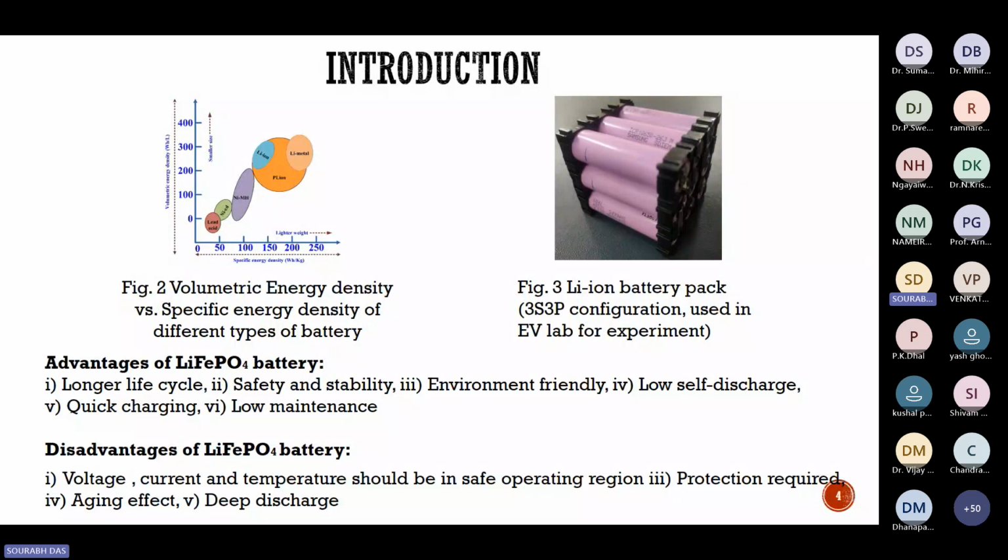Then polymer lithium ion battery, it also has the highest specific energy density, weight is lower, but now it is not used in the EV applications.